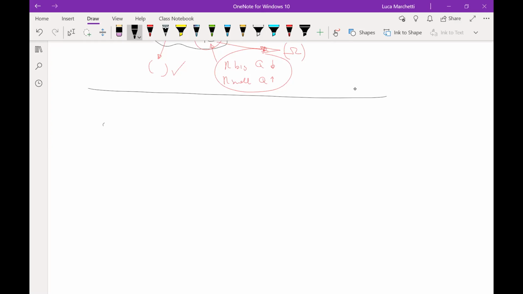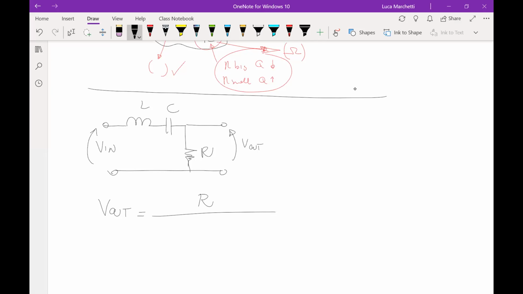Okay, so how to build a filter with RLC. This is the typical schematic that you can use, for example. This is R, this is C, and this is L. So how much is the output voltage? The output voltage is given by the voltage divider.